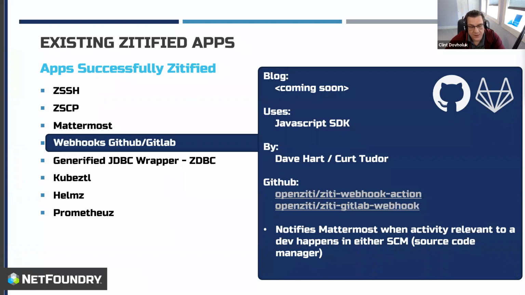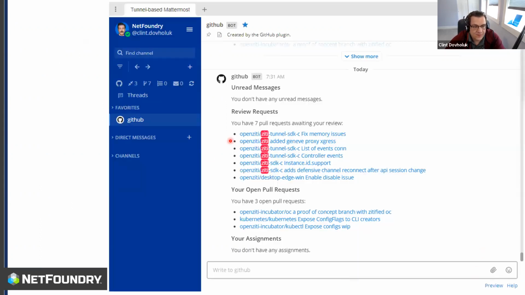So in order to get our traffic from GitHub or GitLab, we had to make some webhooks. So out here, you will find the GitHub and GitLab webhooks, and this is what will happen. It'll send me a message in my chat app, and that allows the servers out in the cloud, the GitHub and GitLab, to actually send messages directly into my Mattermost.